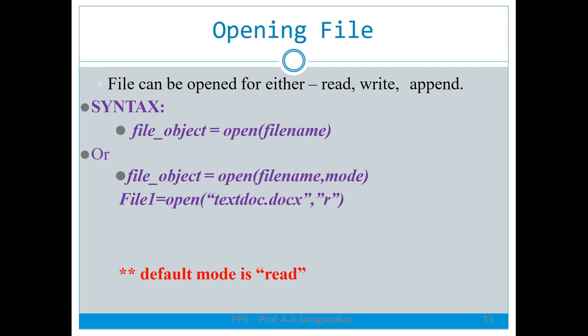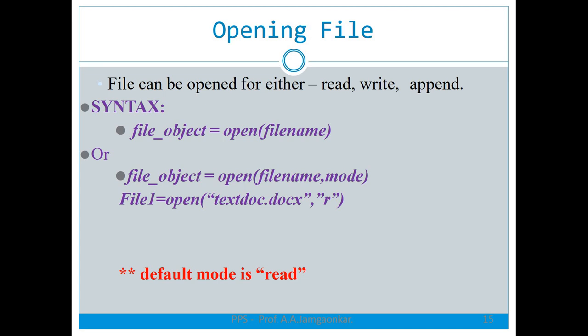Opening a file is done with the help of the open method, which has two parameters. One is the file name and the second one is the mode. For the file name we can give the relative path, and we can provide the absolute path also. Various modes are available, and depending upon the operations we give the mode.